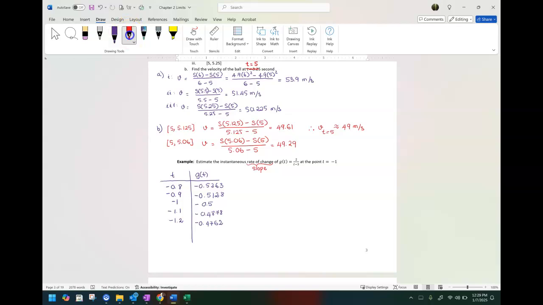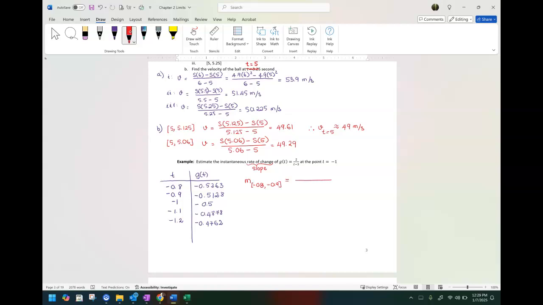We will use this to calculate the slope of the secant line. So in the first secant line, this is the interval for t from negative 0.9 to negative 0.8.